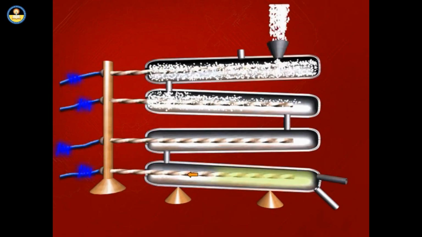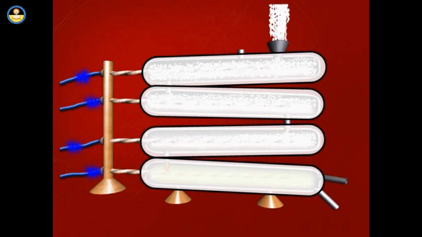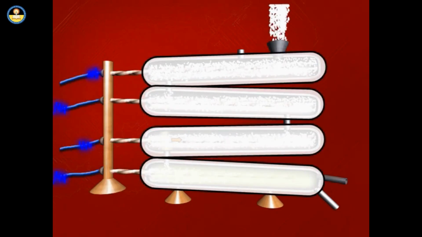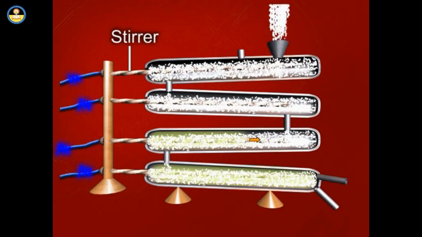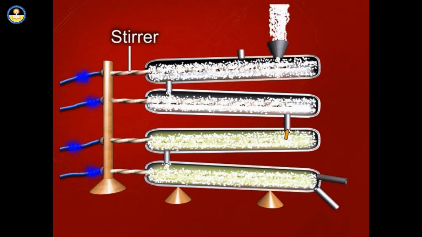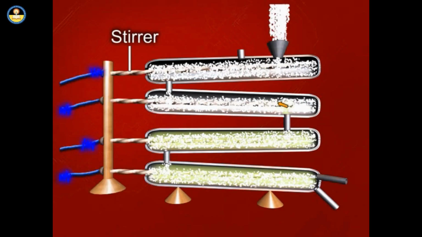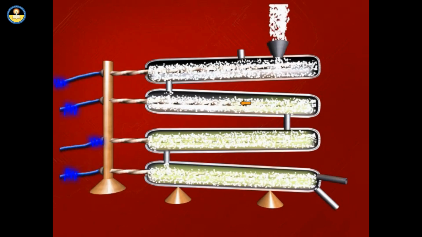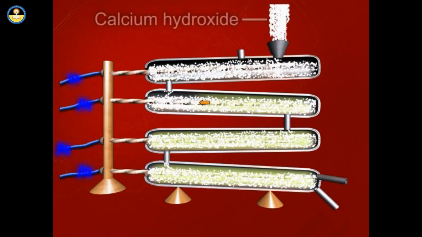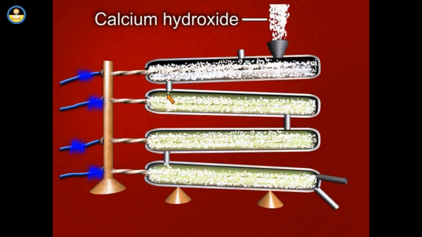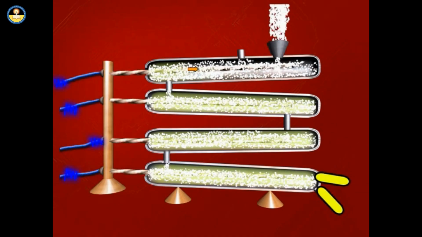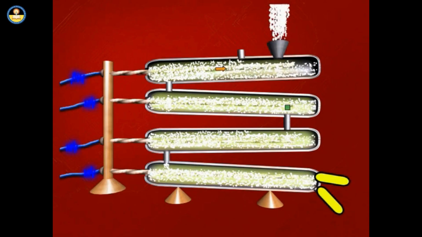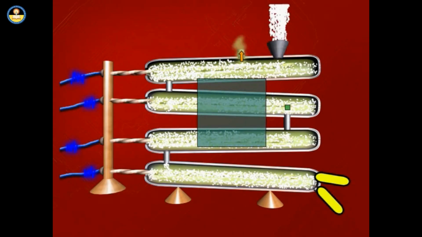The plant consists of 4 cylinders in inclined position. Each cylinder consists of a stirrer to ensure mixing of substances. There is an inlet in the uppermost cylinder for calcium hydroxide. The bottom cylinder has an inlet for chlorine and outlet for bleaching powder.